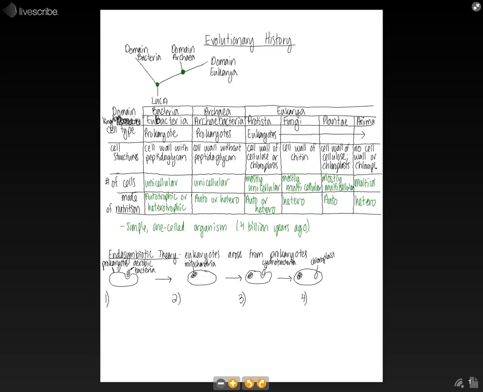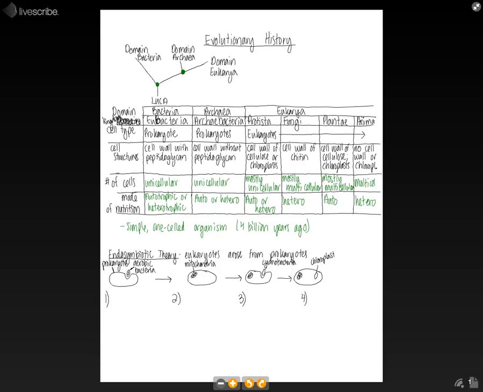And so we can see how our different organisms, we started out this simple one-celled organism. We were able to evolve into much more complex multicellular organisms like animals and humans.